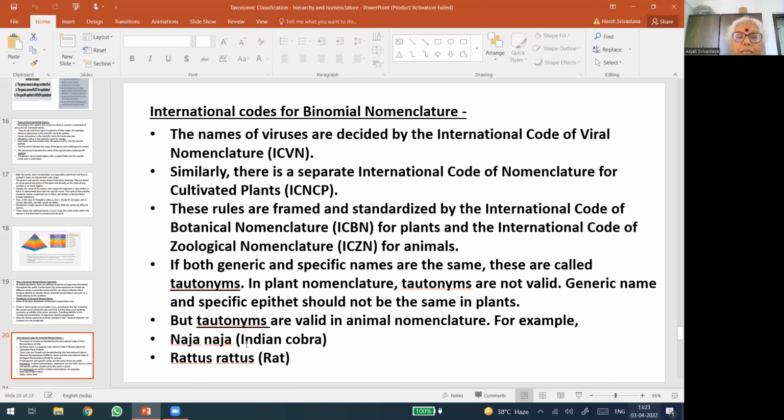For example, the Indian cobra is scientifically known as Naja naja. The specific name is also naja, and the generic name is also Naja. The only difference is that the generic Naja starts with a capital N, and the species epithet starts with a small n. In the same way, the rat is known as Rattus rattus. So these are called tautonyms.